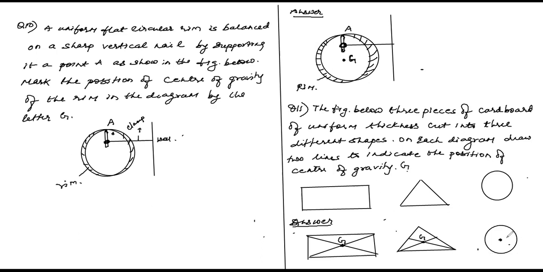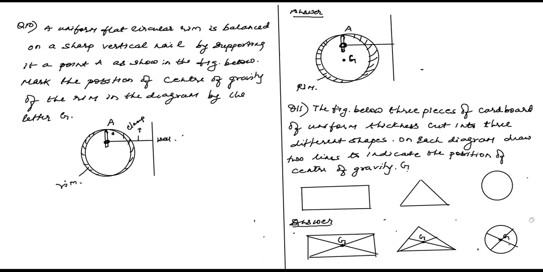The center of the circle is the axis of symmetry. But since they ask to draw 2 lines to indicate the position of center of gravity, I draw any 2 diameters, and where the 2 diameters intersect gives the center of gravity.